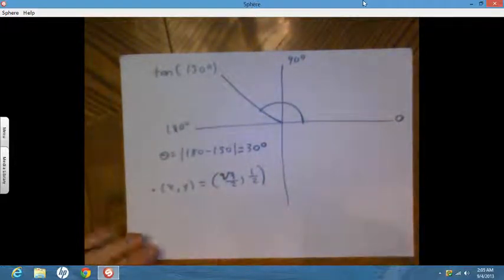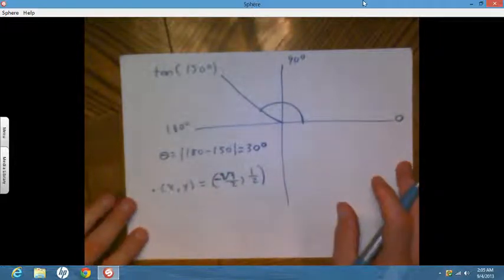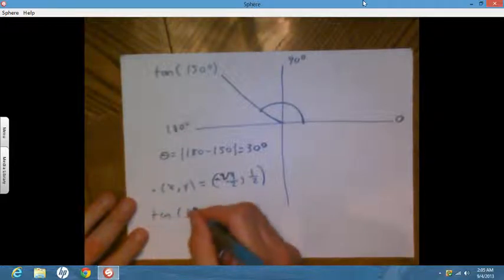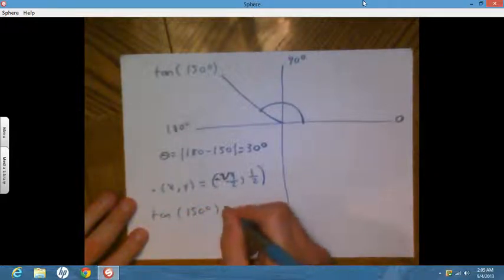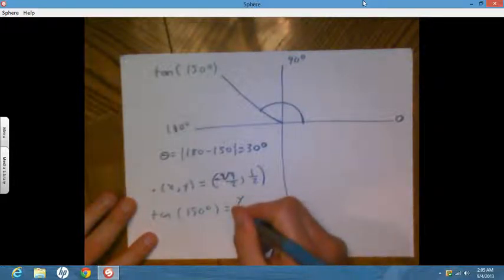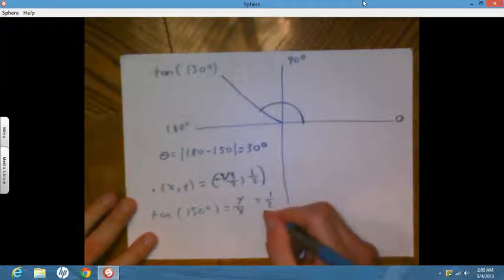So I do this over here, and the tangent of 150 degrees is equal to y divided by x, which is equal to 1/2 divided by the negative square root of 3 over 2.